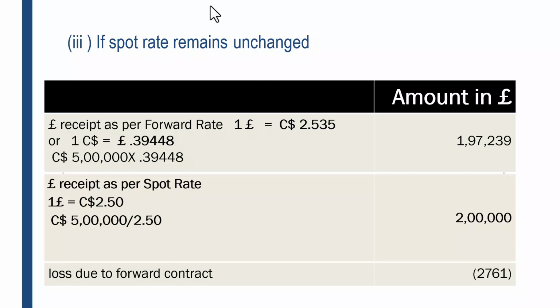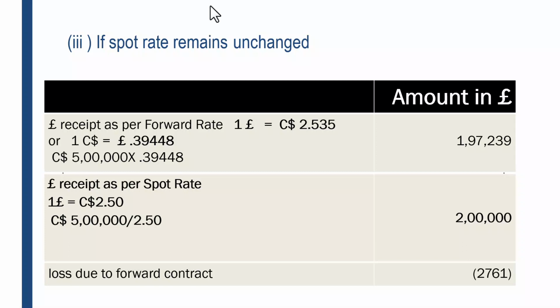Which one? If it was unchanged, you would have got the full 2 lakh pounds. But the pound, here what happens? The spot is unchanged. You were expecting the Canadian dollar to decline or the pound to appreciate.